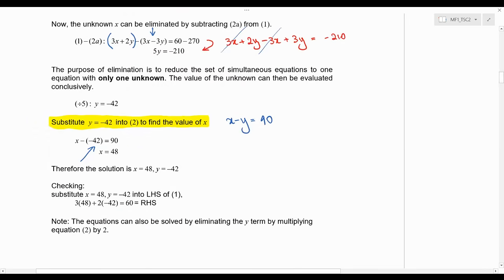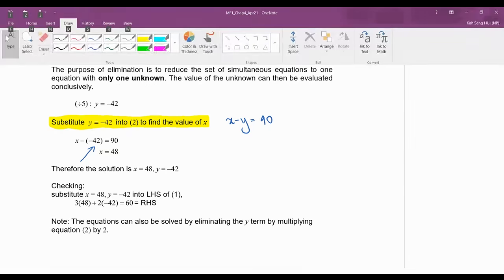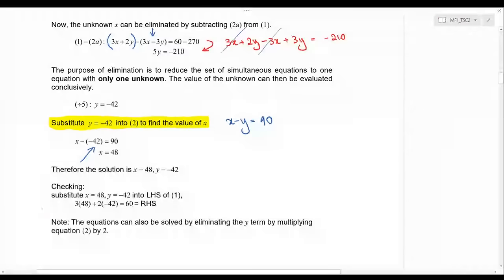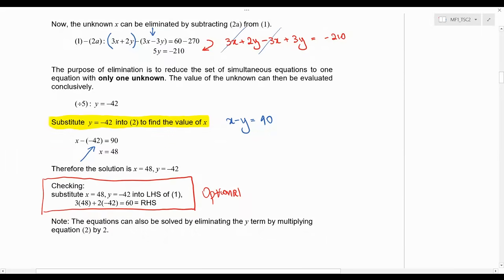Now, at the bottom of the page, there is this checking where you verify your answer. This step here is optional. It's a good habit, but it's not a step that contributes to your marks.